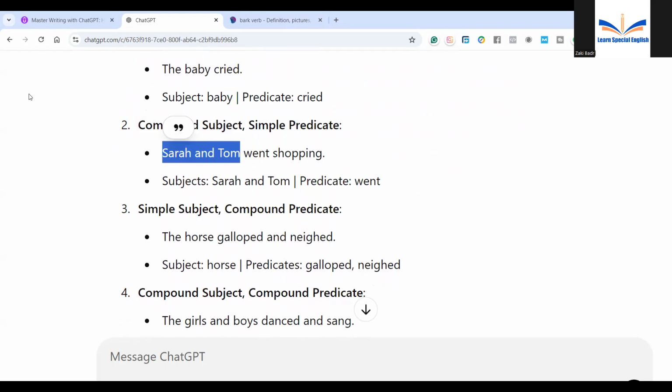We can use the pronoun they. Sarah and Tom, 1 plus 1 equals 2, so 2, or 3 or more, is they. They went shopping. What completes the sentence? Went. They went somewhere. What did they do? Shopping.